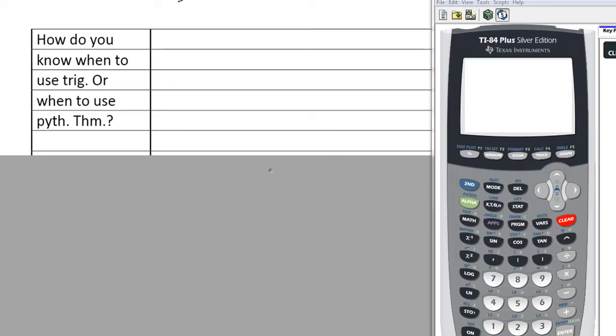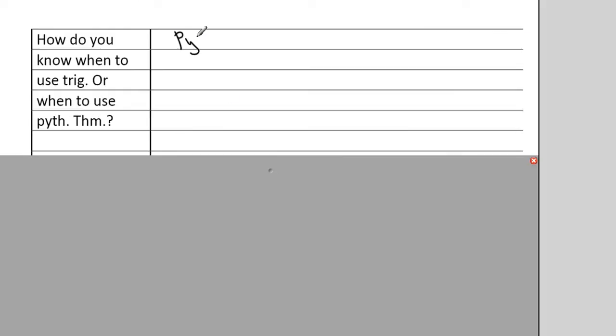So before, when we did Pythagorean theorem, you had a right triangle and you were given two sides looking for the third side. So how do you know when to use trig or when to use Pythagorean theorem? With Pythagorean theorem, you're going to be given two sides.